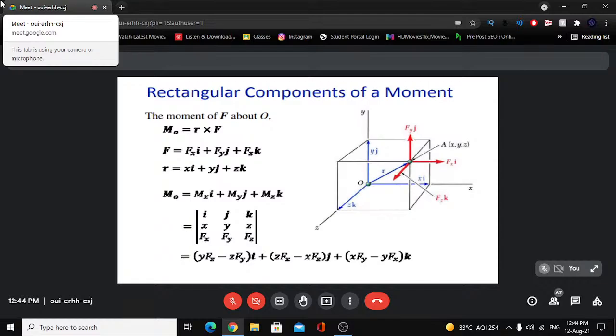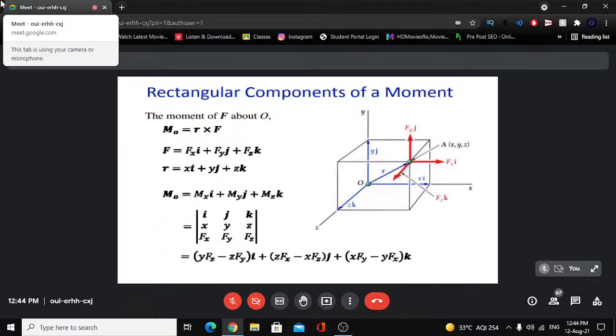A given force we can express in three vector components along the x, y, and z axes respectively, so it will be Fx i plus Fy j plus Fz k. Suppose the point of application A is at xyz coordinates from origin O, and A has the position vector R. Then we can write the force as Fx i plus Fy j plus Fz k, and R as x i plus y j plus z k.